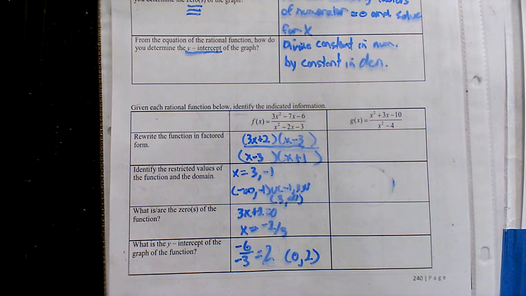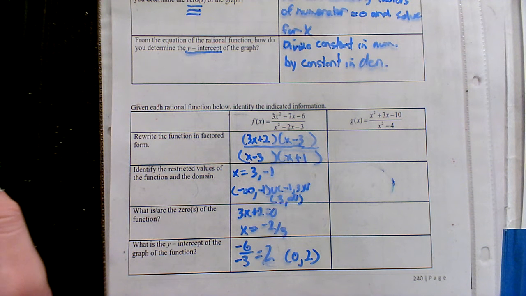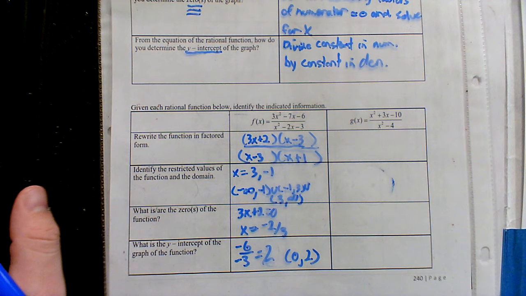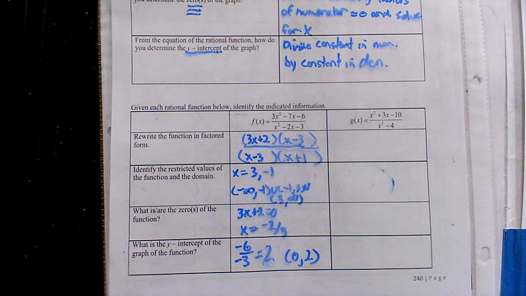For f of x, if you want to check your answers up on the board. The boxes were a little smaller, so if there's something you can't read, let me know. If you've finished f of x, go ahead on with g of x. Same process, factor completely, then find your restricted values in domain, zeros, and y-intercept.